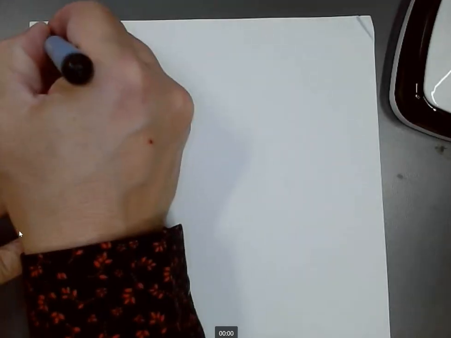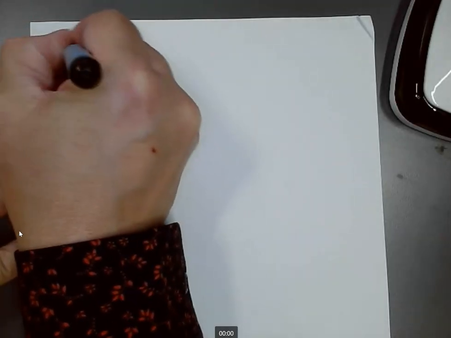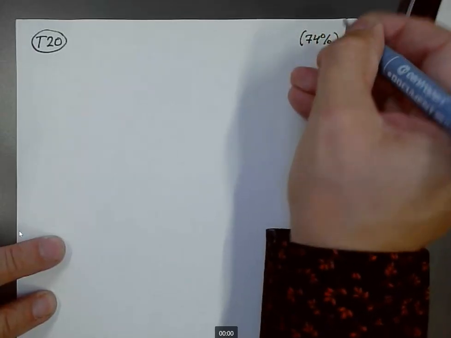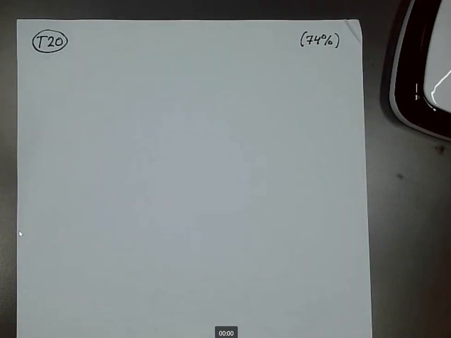Problem 20, and it was an equation problem. 74% of students could solve this on Friday, and it is like this.